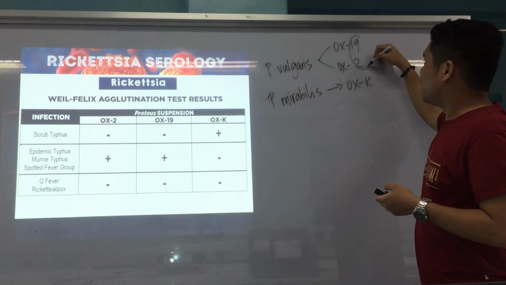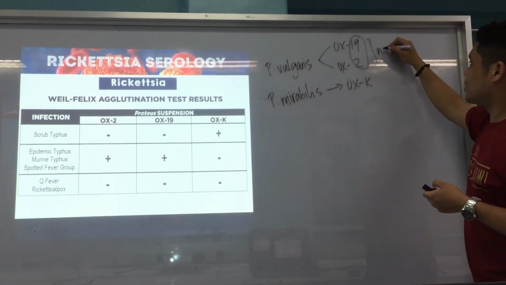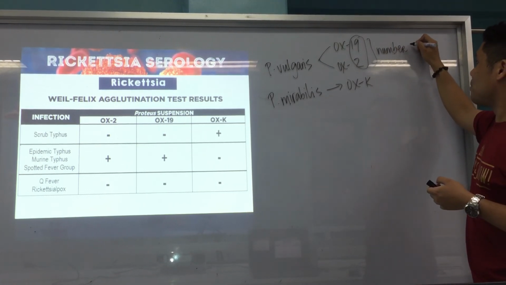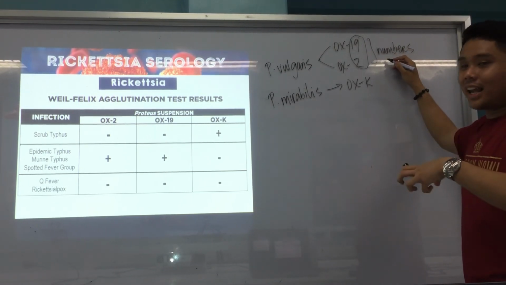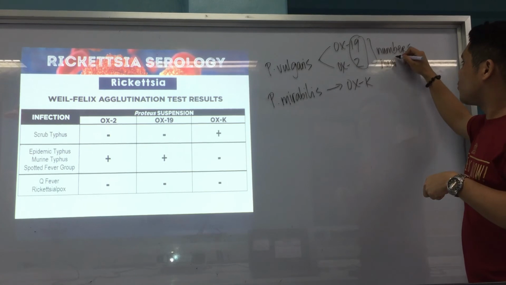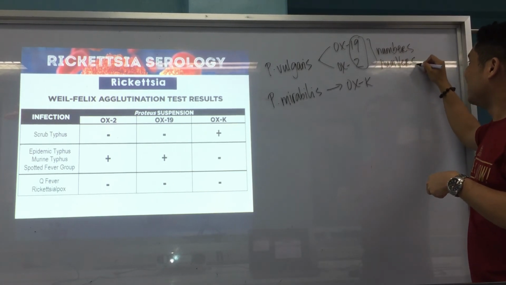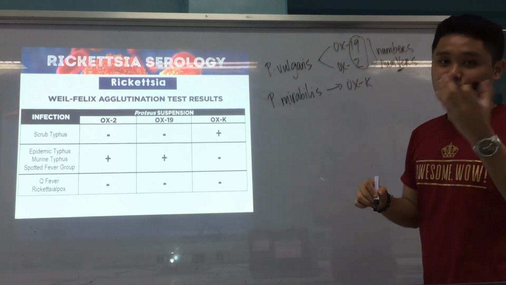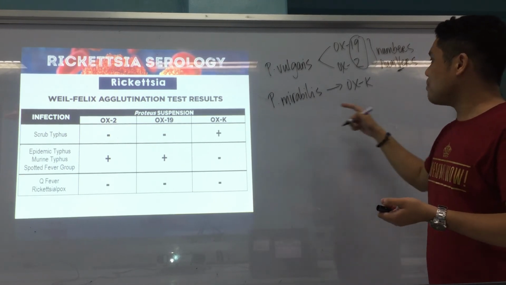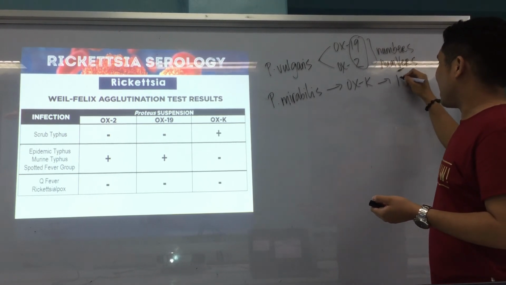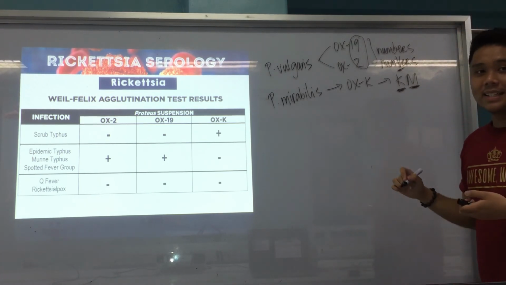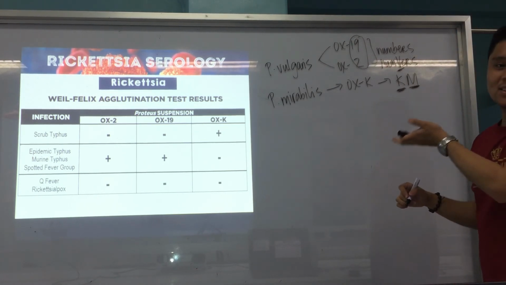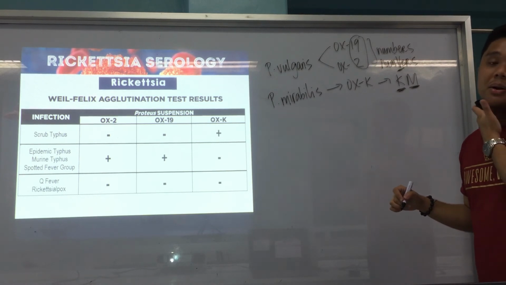These are numbers, so how do I remember? The numbers come from Proteus vulgaris. And for mirabilis, K and M: the OXK comes from Proteus mirabilis. So that's my mnemonic, so that I don't forget.